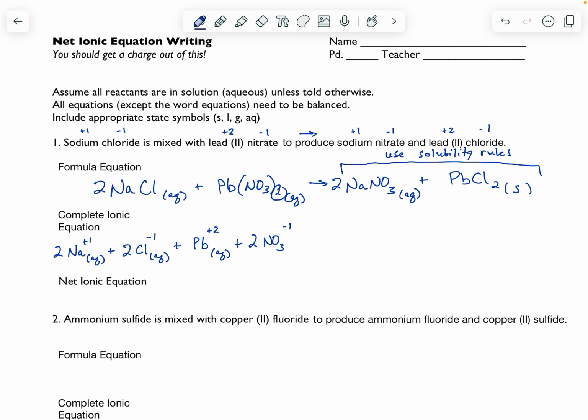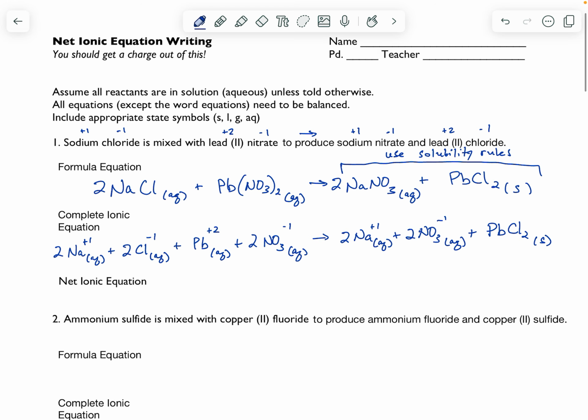That 2 tells me that I have 2 of them. So we put the number based on how many we have in the formula or based on the balanced equation. And then I create another 2 sodium ions because that is aqueous. It splits up. Another 2 nitrate ions. That splits up. And then I create a solid lead chloride product, right?